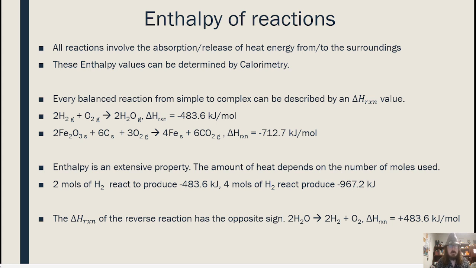Because of the nature of a state function, if I were to reverse a reaction, the energy will have the opposite sign. If I am going to split water into hydrogen and oxygen, it consumes 483.6 kilojoules per mole.